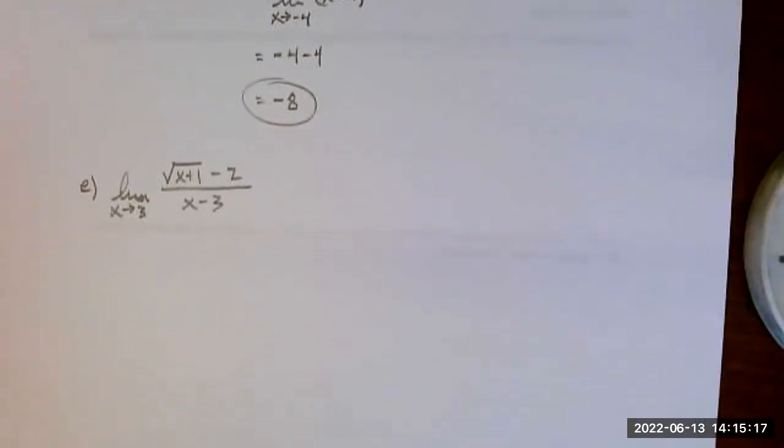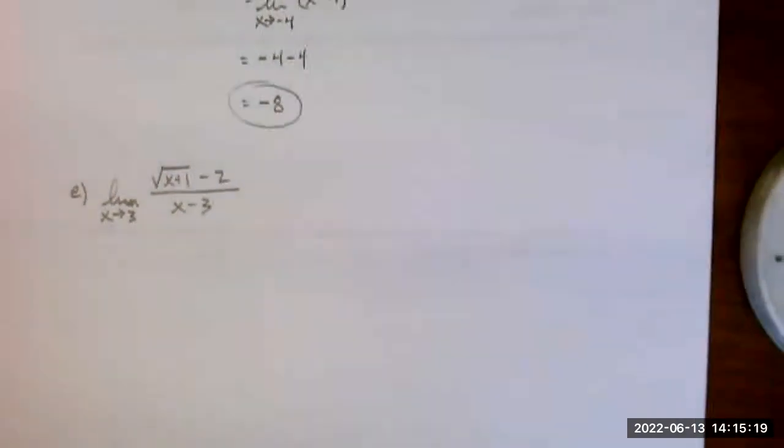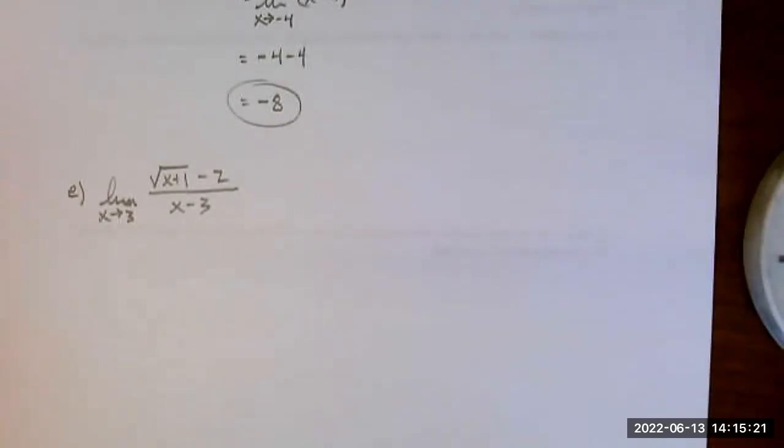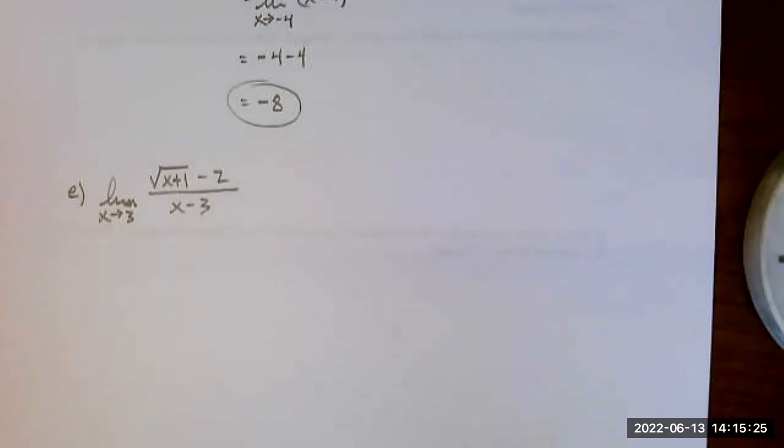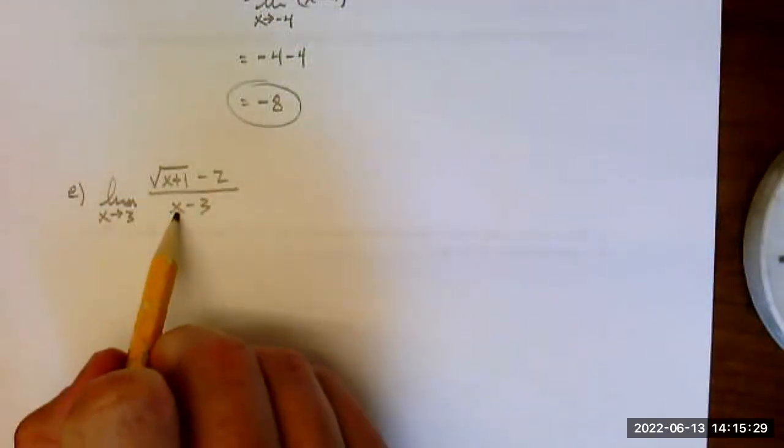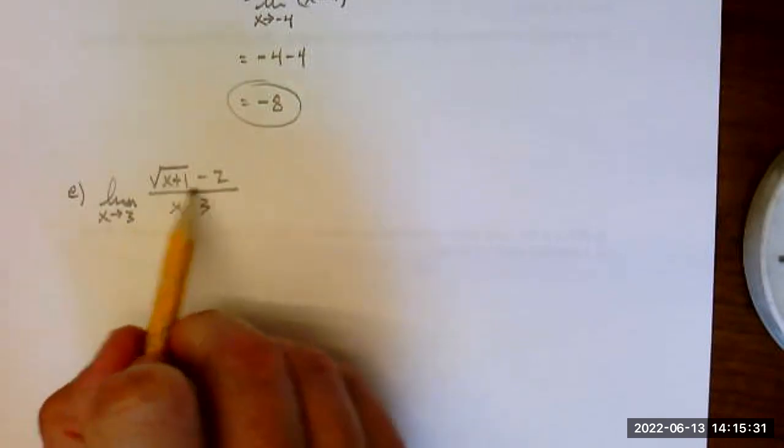All right, this is interesting. Let's see what would happen if we try to plug in. Well, I can see I'm going to get 0 in the bottom. What would happen in the numerator?